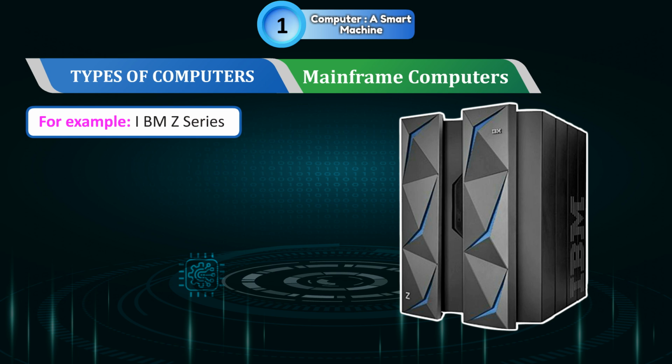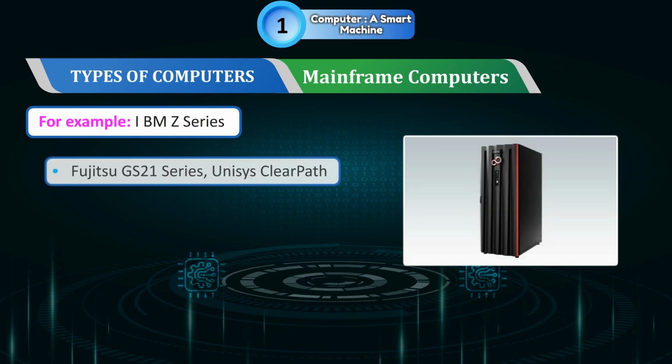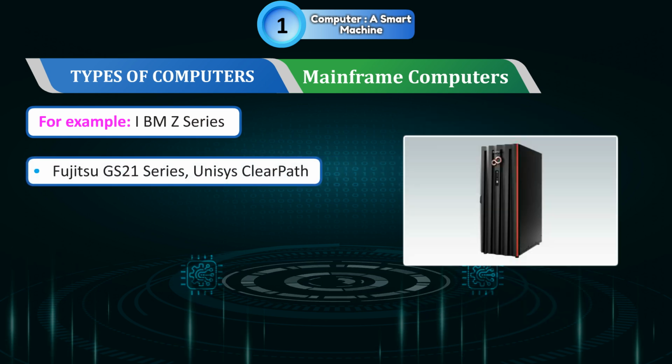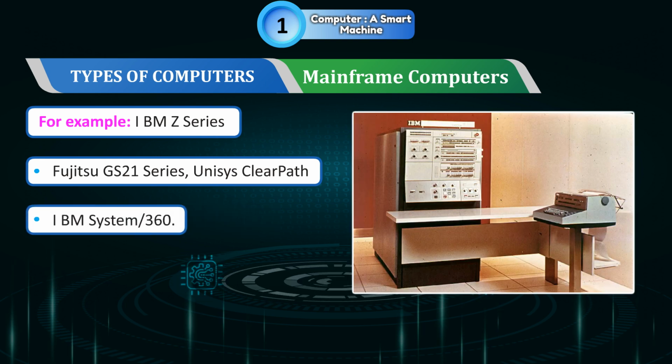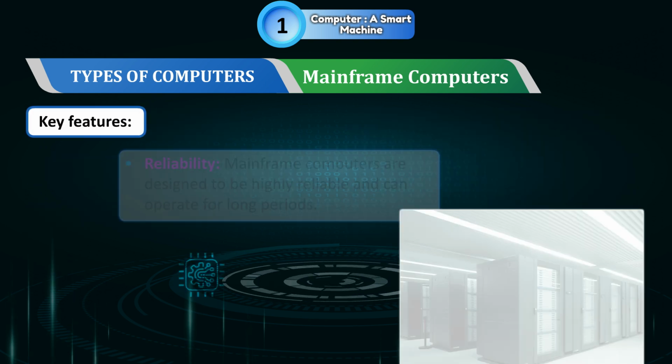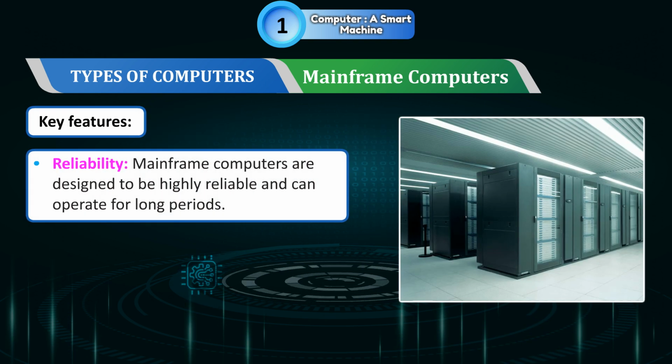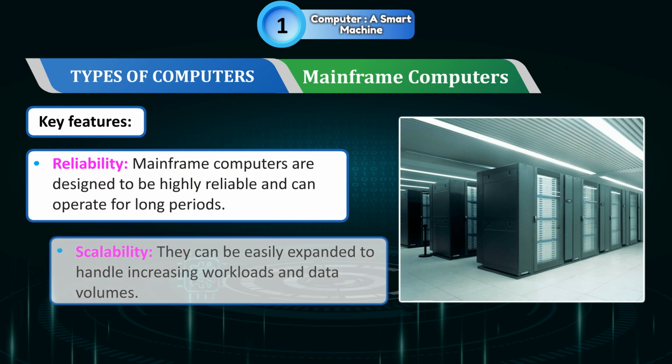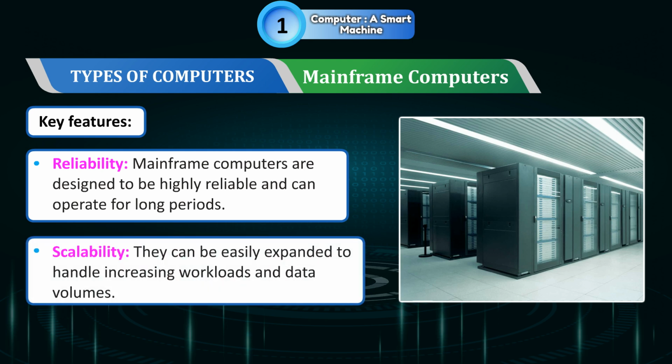For example, IBM Z series, Fujitsu GS21 series, Unisys ClearPath, IBM System 360. Key features: reliability. Mainframe computers are designed to be highly reliable and can operate for long periods. Scalability. They can be easily expanded to handle increasing workloads and data volumes.